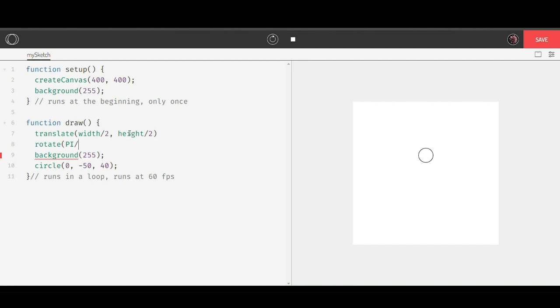If I rotate it by pi divided by 6, which is 30 degrees, I change its location slightly, and it goes into different places. So this is also something you need to keep a good track of, because as I said, it's very important that you understand where your canvas is at, so you're not drawing shapes out of place.